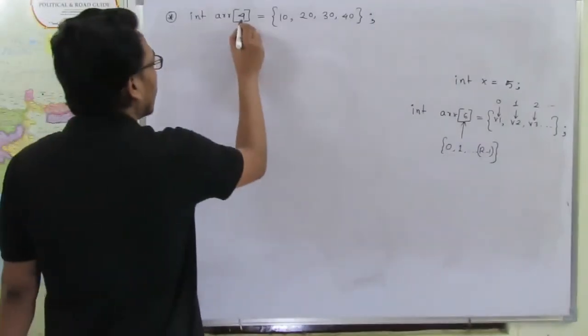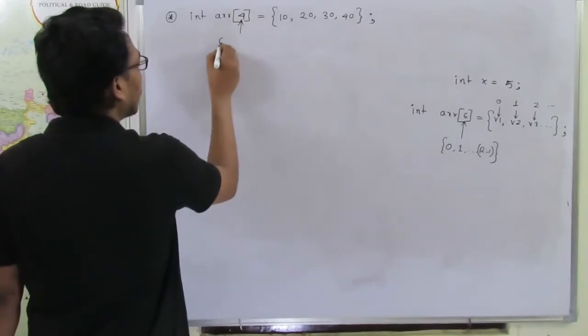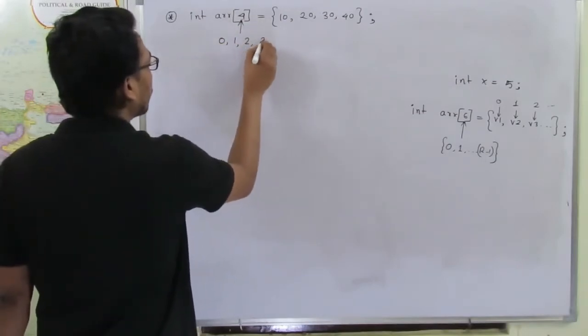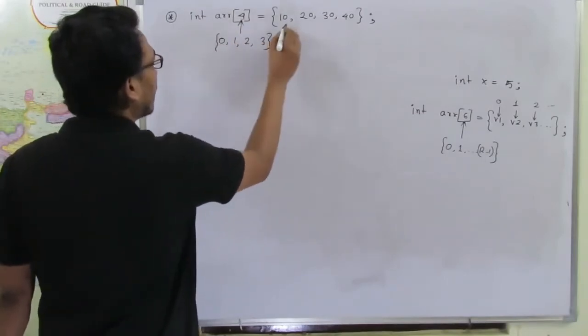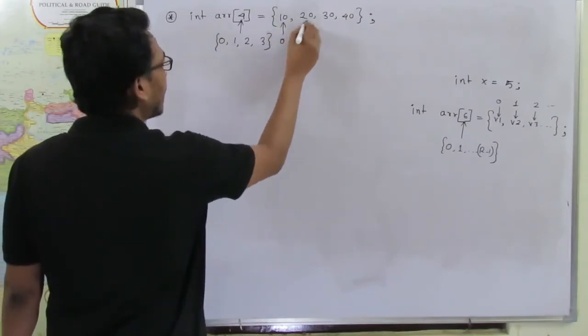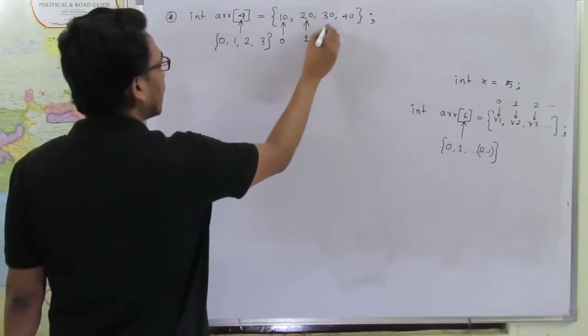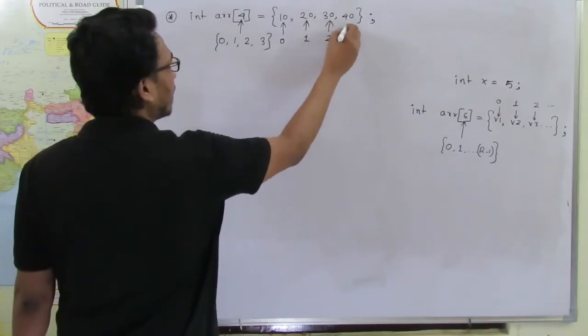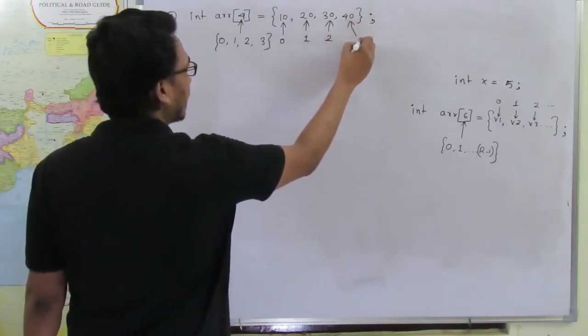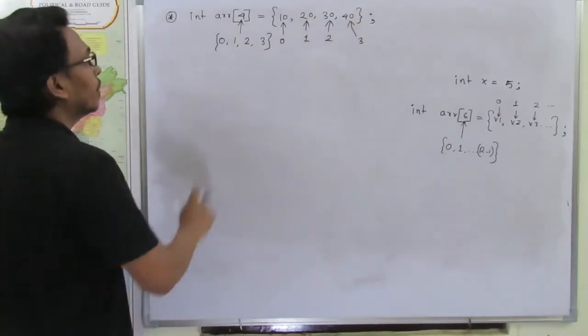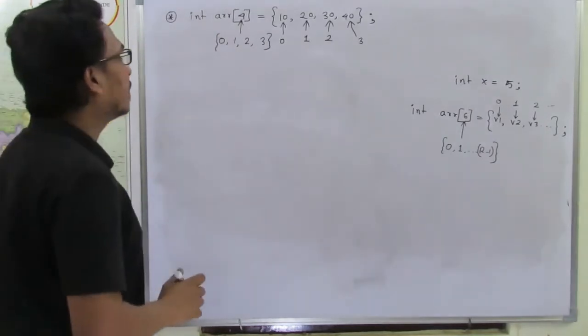Now here the indexes will be 0, 1, 2, 3. The first element will be stored at index 0, the second element at index 1, the third element at index 2, the fourth element at index 3. Clear?